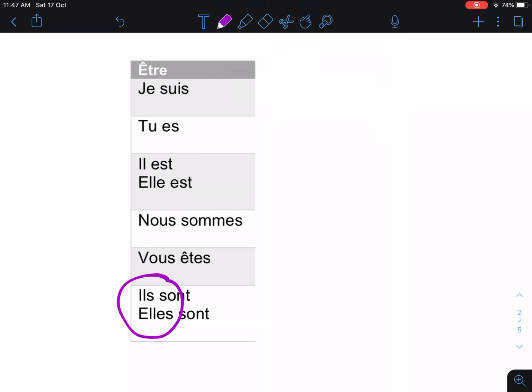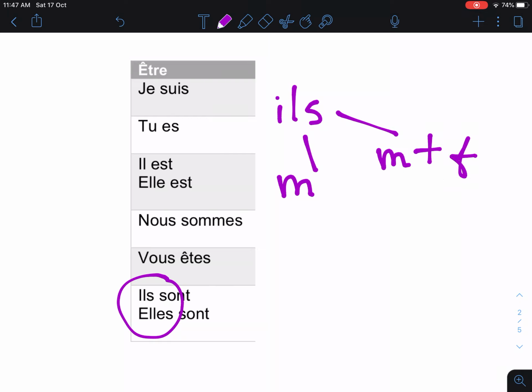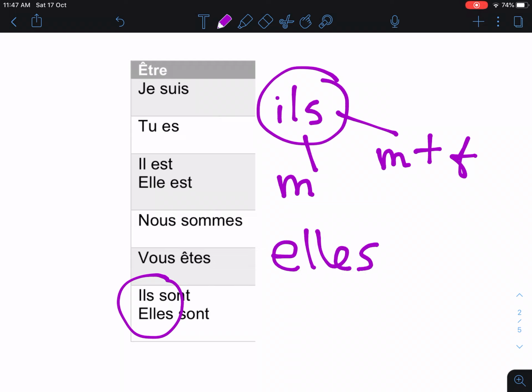Okay, these two mean they. But here ils for they is all male, and also it can be for both male and female. So you use ils for they, but elles only for they who are female, or ladies.